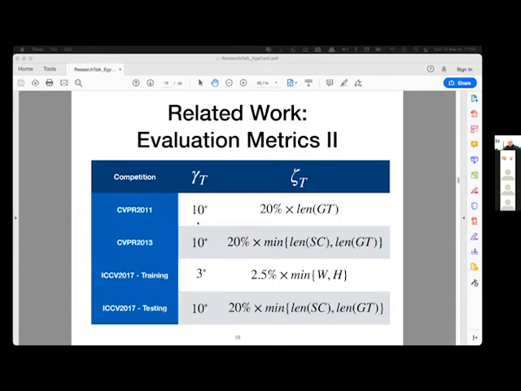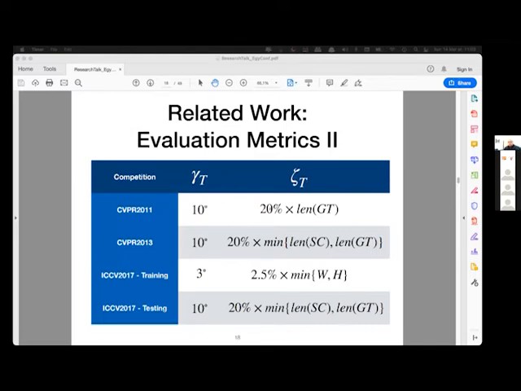So what kind of threshold is it? What happens in this kind of symmetry detection? There are competitions, from CVPR in 2011, 2013 and 2017, and every time they try to change how this threshold is computed. For the angle threshold, they first used 10 degrees, and at some stage of the competitions it was reduced to 3 degrees.